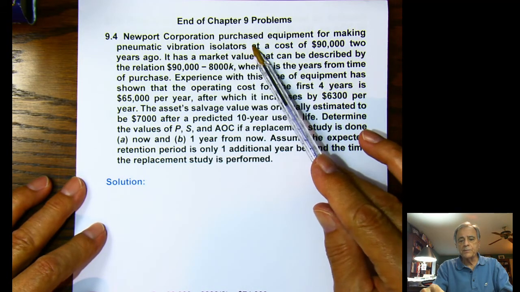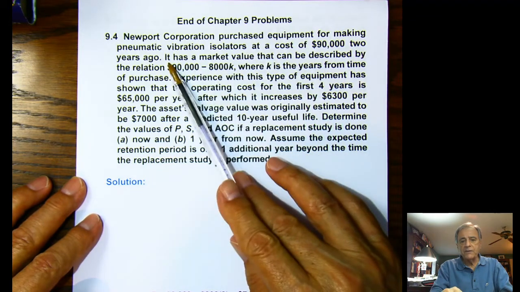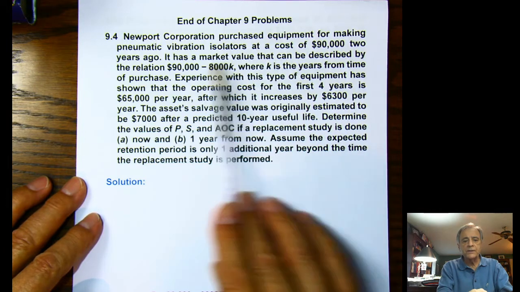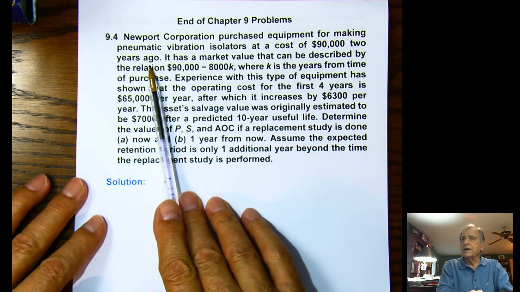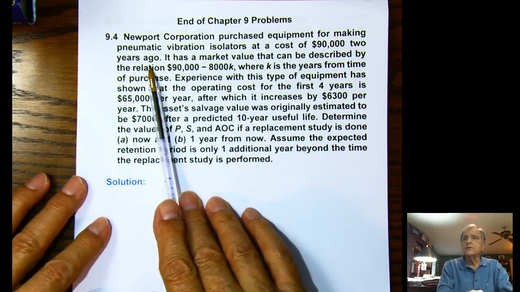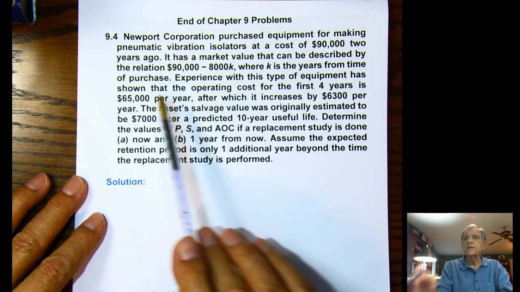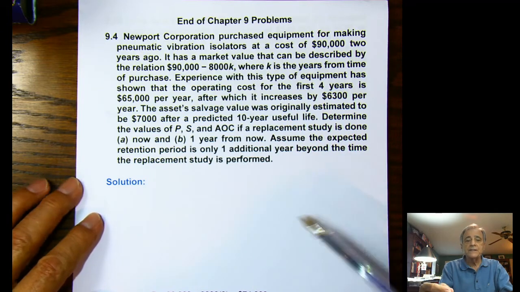Newport Corporation purchased equipment for making pneumatic vibration isolators at a cost of $90,000 2 years ago. Remember, I said what something cost before has no bearing on the problem unless it tells us something about what it'll cost or what its market value will be. And in this case it does.